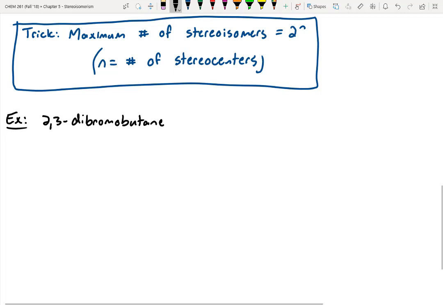And I'm going to go ahead and draw the skeleton structure. So we know butane's 4 carbons. How many possible stereoisomers could we have maximum? 4, right? 2 raised to the 2. So we could have 4 different possible combinations at most.